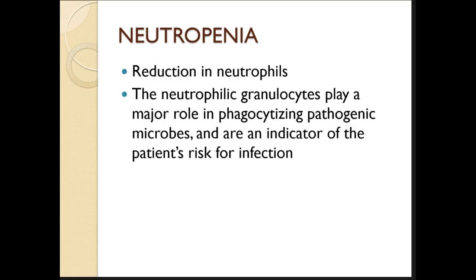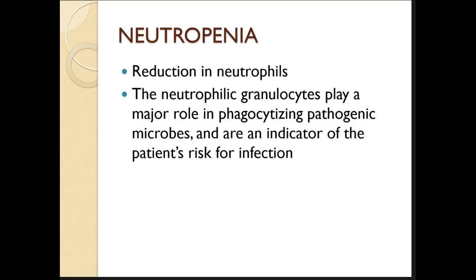Granulocytopenia is a deficiency of the granulocytes, which include neutrophils, eosinophils, and basophils. The neutrophilic granulocytes play a major role in phagocytizing pathogenic microbes and are closely monitored in clinical practice as an indicator for a patient's risk for infection.